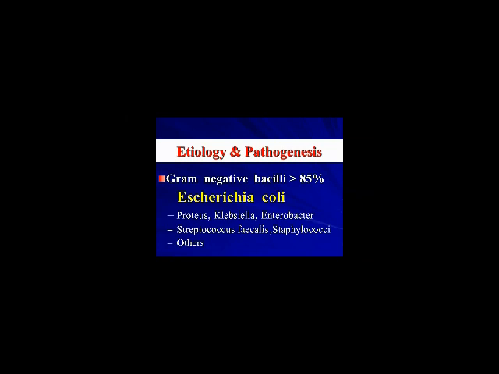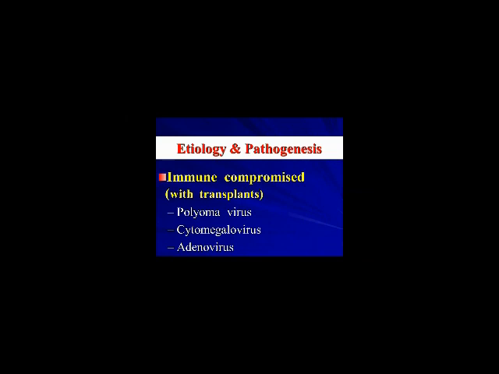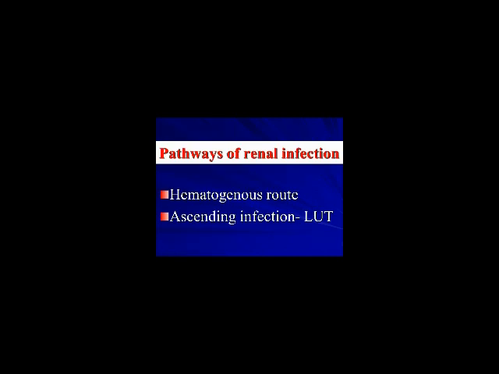In addition to E. coli, various other gram-negative organisms like Proteus, Klebsiella, and Enterobacter also produce pyelonephritis. Gram-positive organisms like Strep. faecalis and Staphylococci, and other organisms can also be responsible. In an immunocompromised patient, organisms of less virulence will also produce the disease, like polyomavirus, cytomegalovirus, and adenovirus.